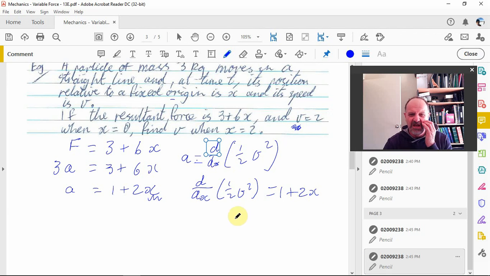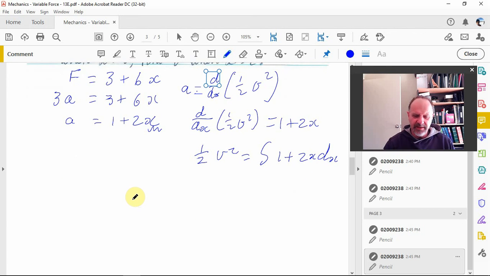So if I want to find v, I need to anti-differentiate, or integrate, with respect to x. When I do that on both sides, the left hand side I just end up with that, and the right hand side, the integral of 1 plus 2x dx.